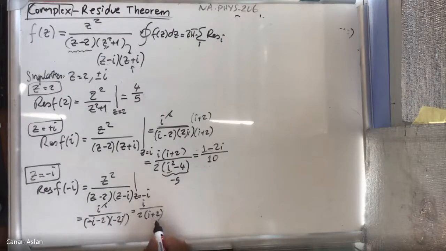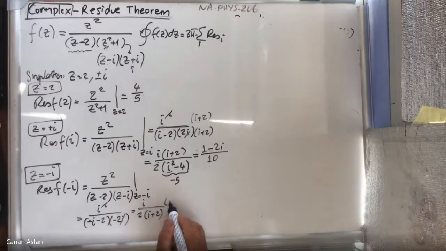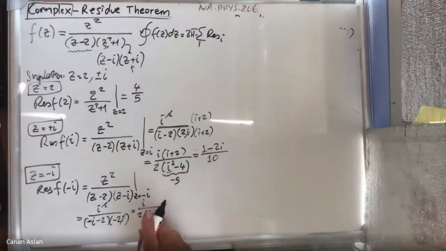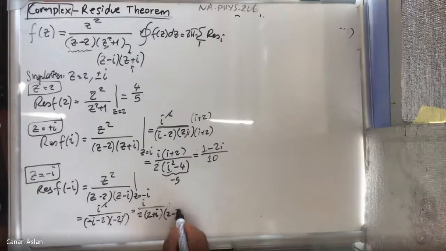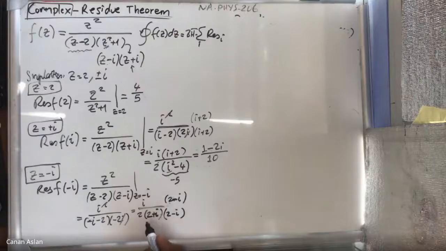As before, we have to get rid of this i plus 2 from the denominator. So what we do is we write this as 2 plus i, and we multiply this by 2 minus i, and the numerator is also multiplied by 2 minus i. We don't want any complex thing in the denominator.